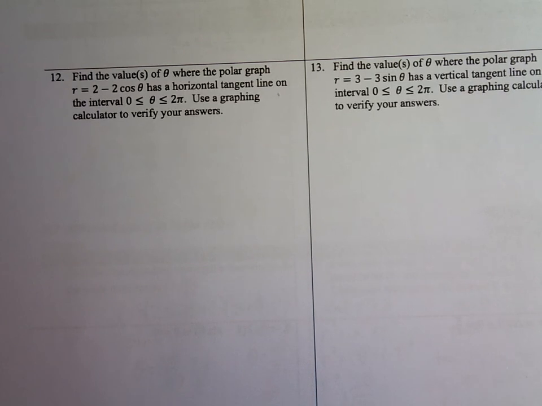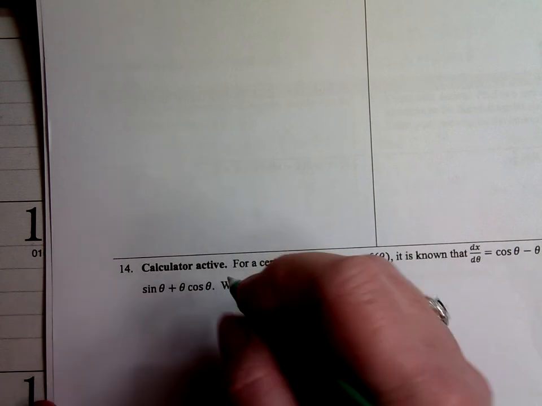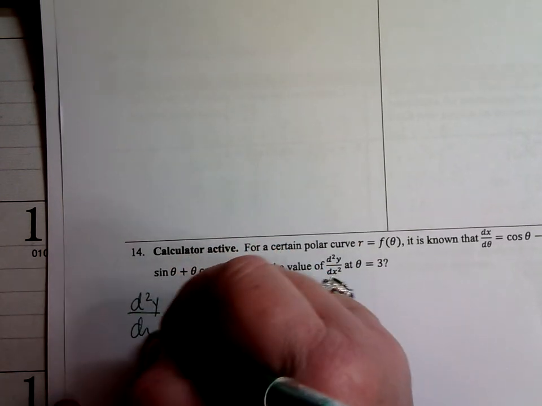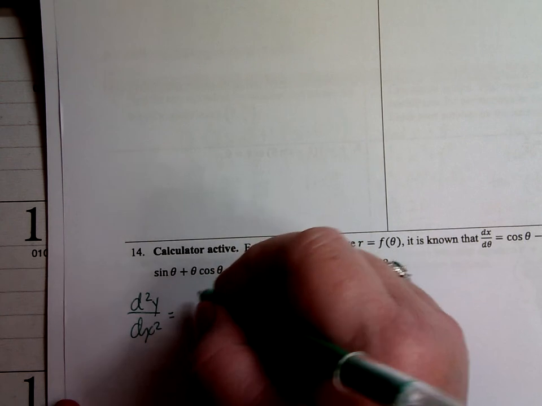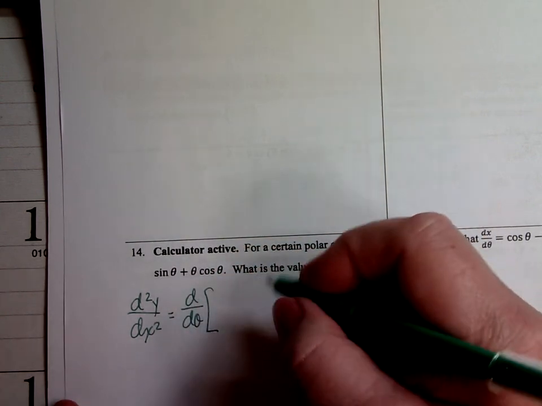Now, if you remember how to find second derivatives, you have to go through the first derivative first. So the second derivative from our notes previously, d squared y over dx squared, is the derivative of the y divided by the x.